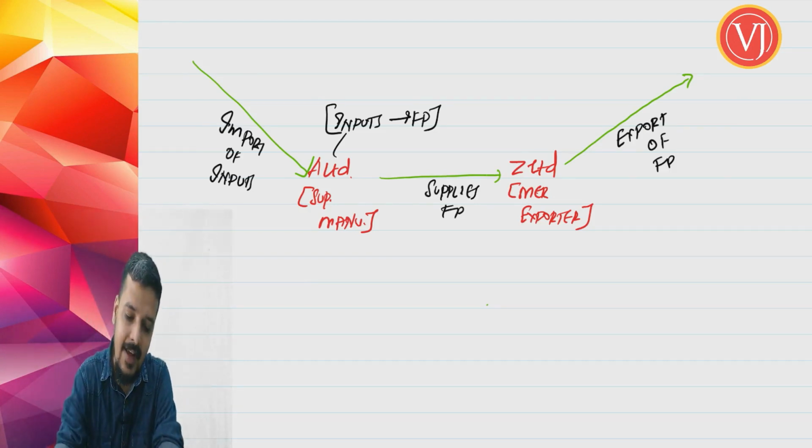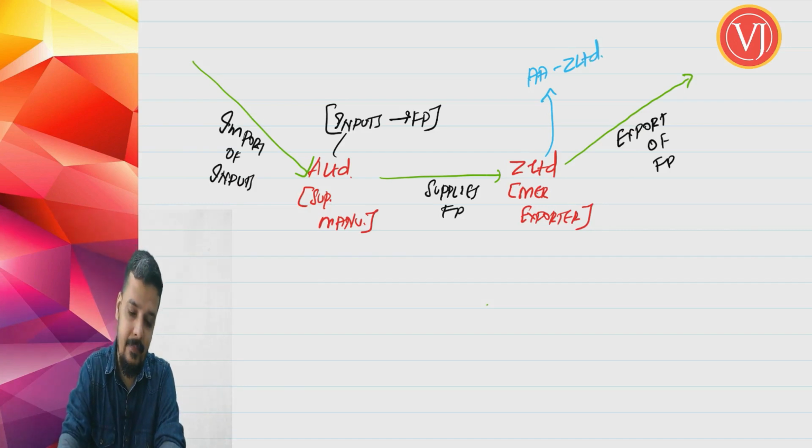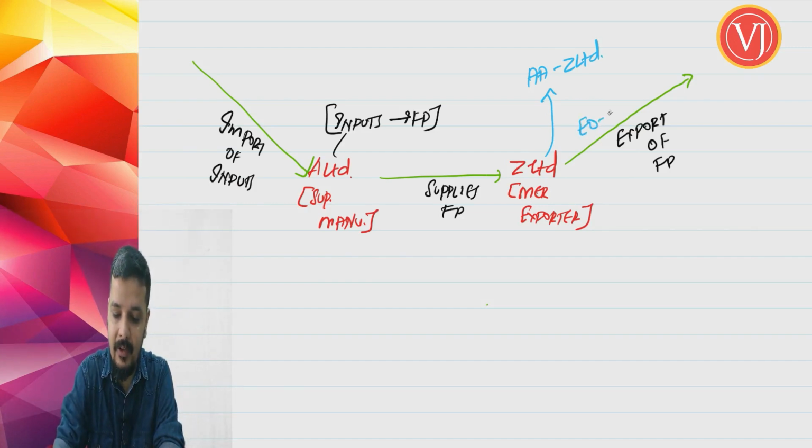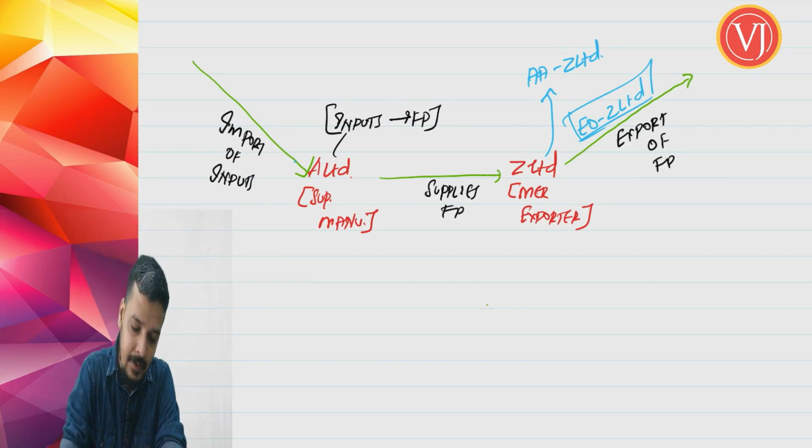Now friends, what is happening is that advance authorization is taken by Z Limited, which means the export obligation is promised by Z Limited, but the import of raw materials, that is inputs, is not done by Z Limited, it is done by A Limited, and import duty will not be paid.